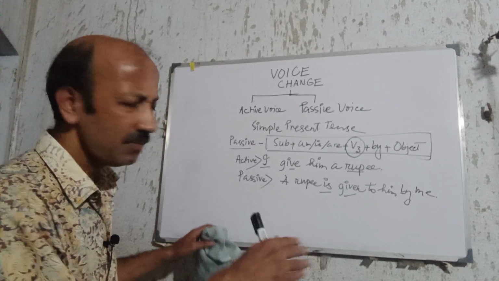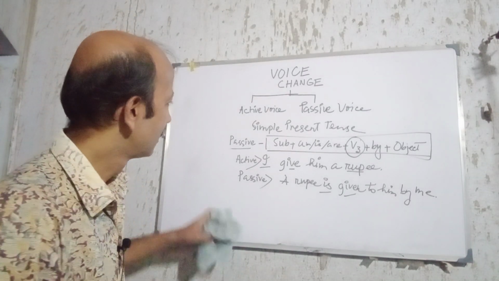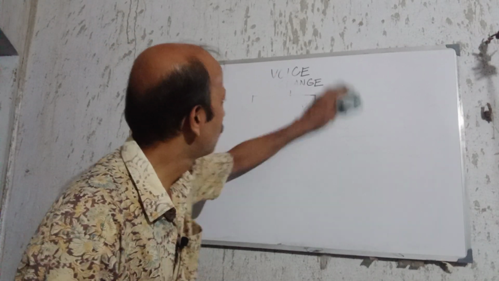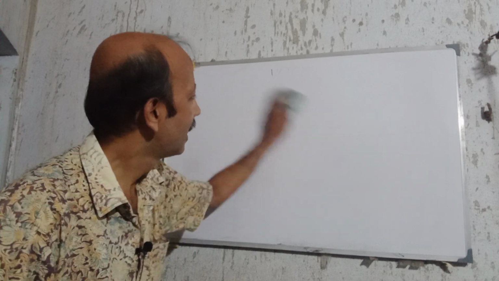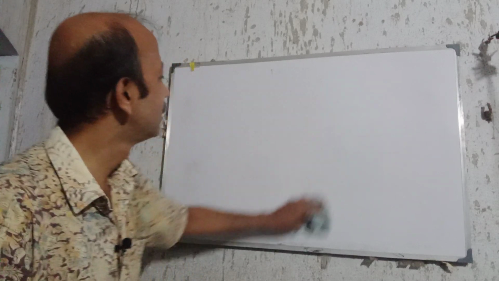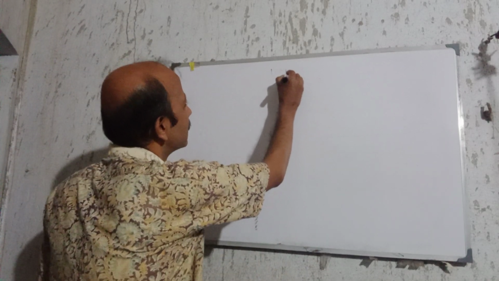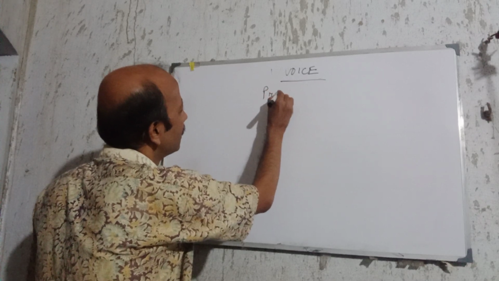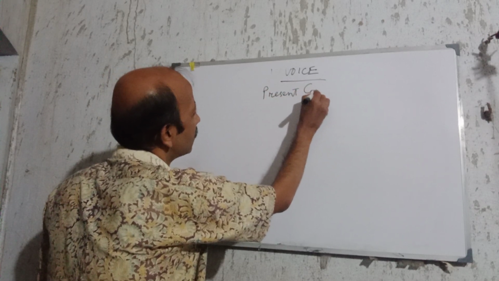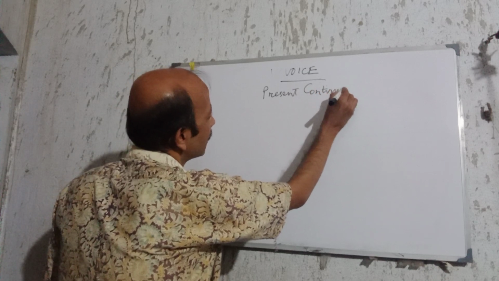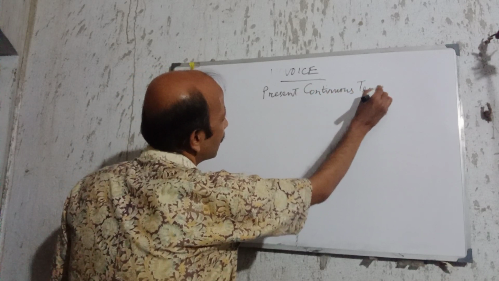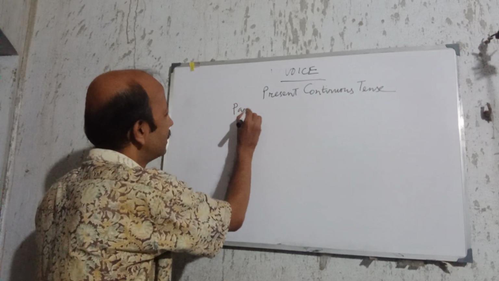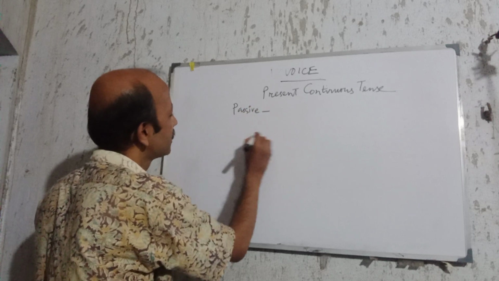Now I am coming to the next tense. It is present continuous tense, and then I will write the rules. How to change the active sentence into passive voice?